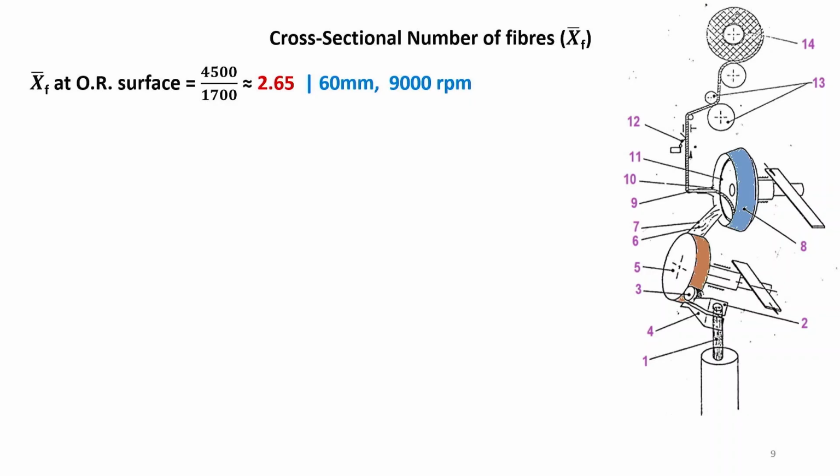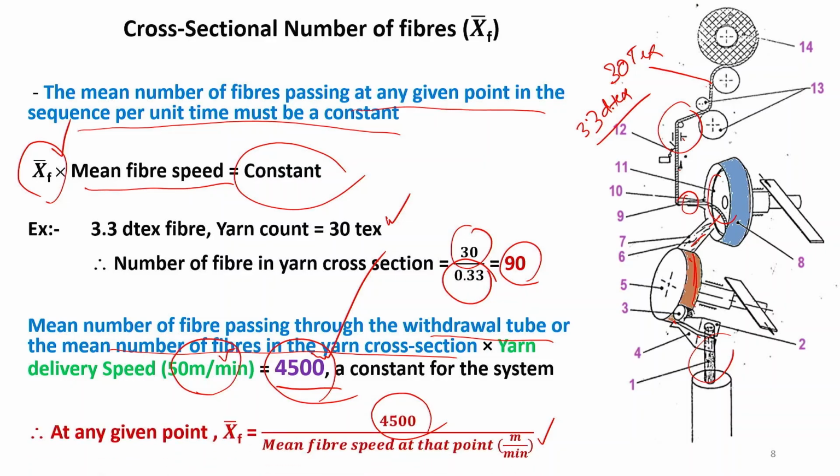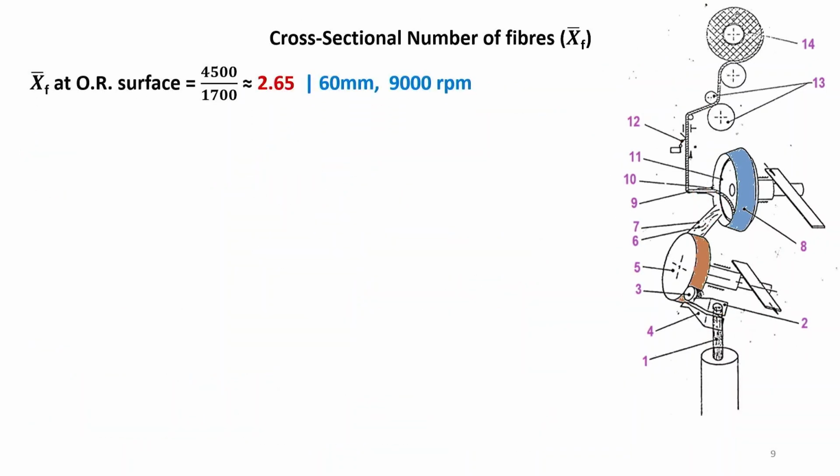Now, earlier we calculated from the yarn, and from the yarn we have got the constant. Now we want to calculate the number of fibers on the opening roller surface. The number of fibers on the opening roller surface will be the 4500 constant divided by the circumference speed of the opening roller. What is the circumference speed?